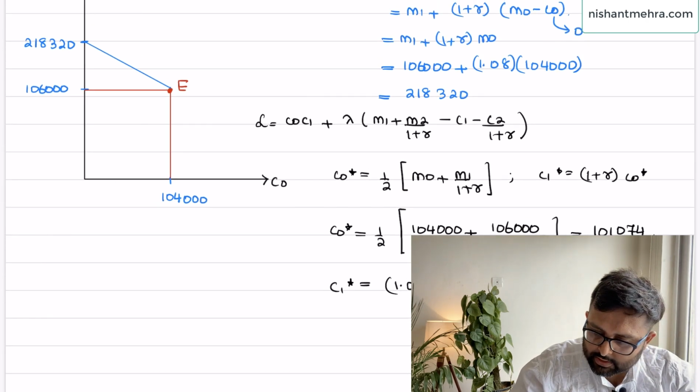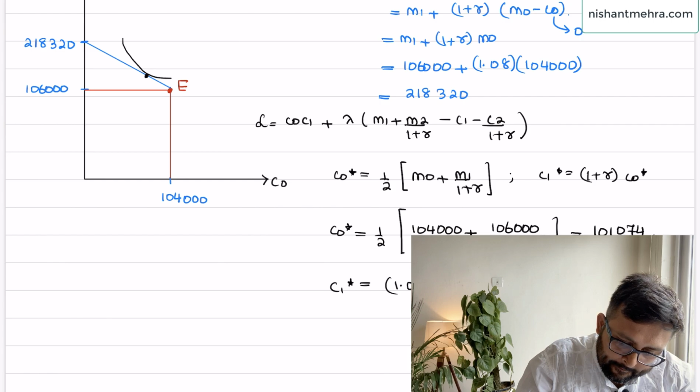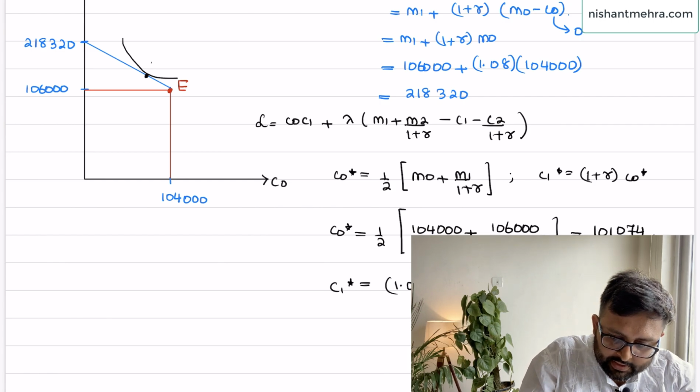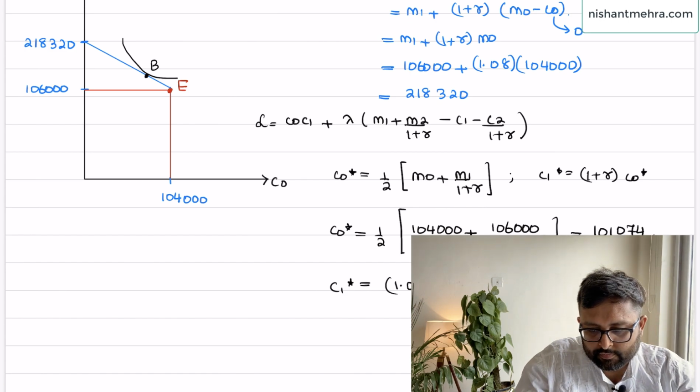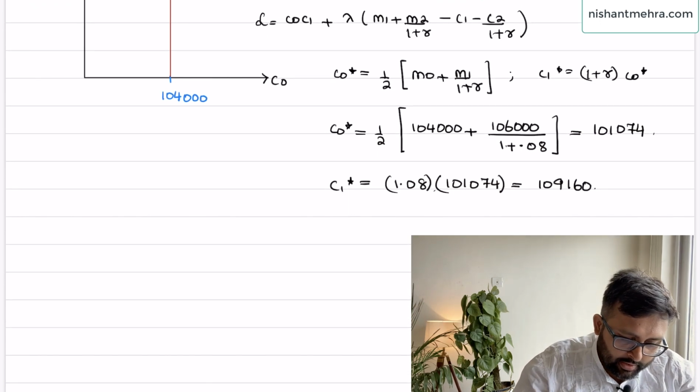So now if you look at it, C naught star is 101,074. So it's somewhat a little lesser than this point, somewhere here. Let me say this is point B. So if he is going to be a lender only, this also seems to be right, beta.